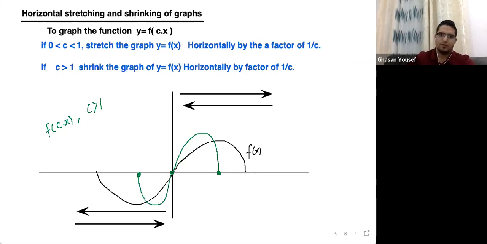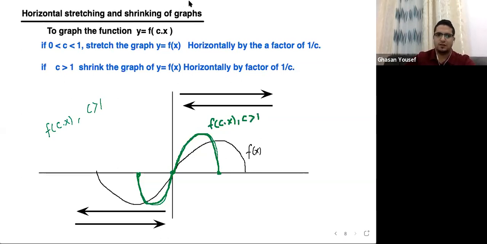Like this. This is f of c times x, such that c is greater than 1.